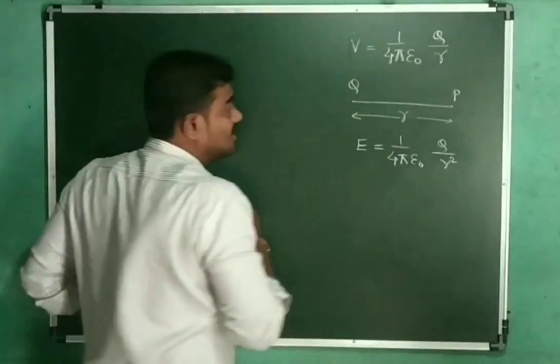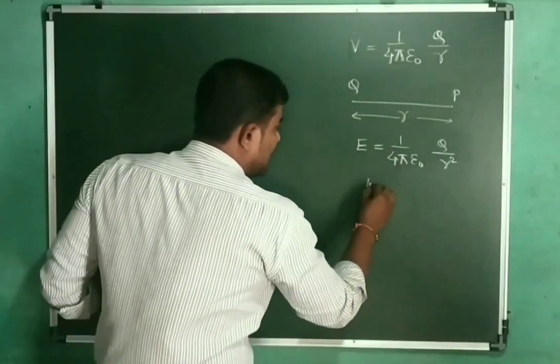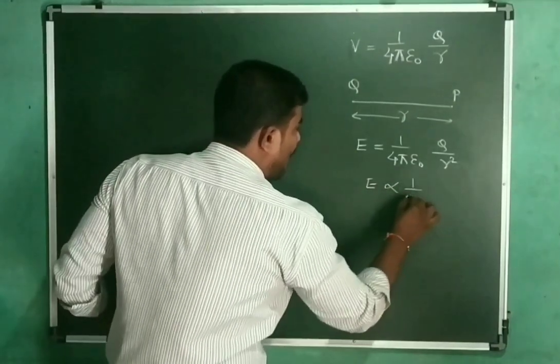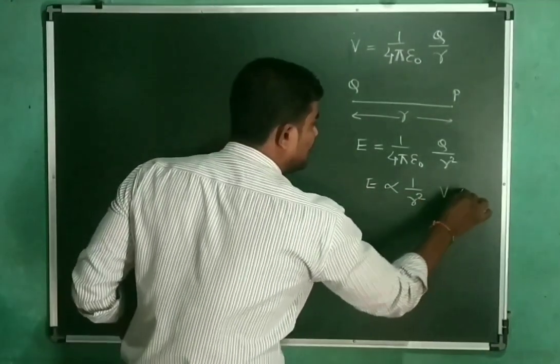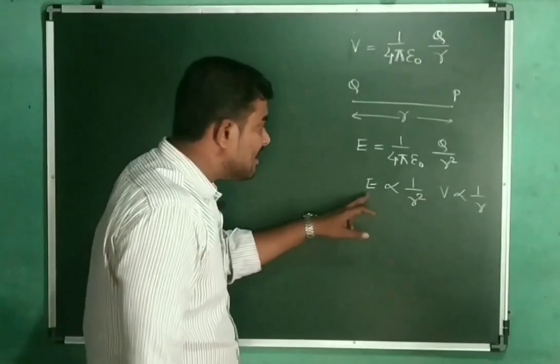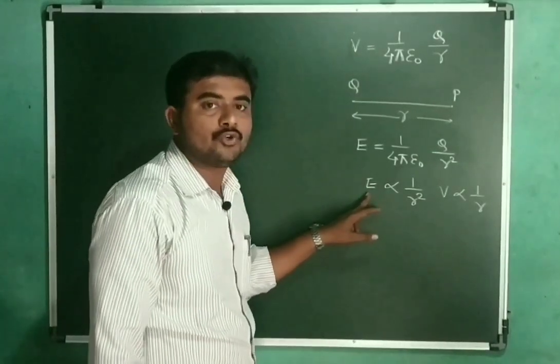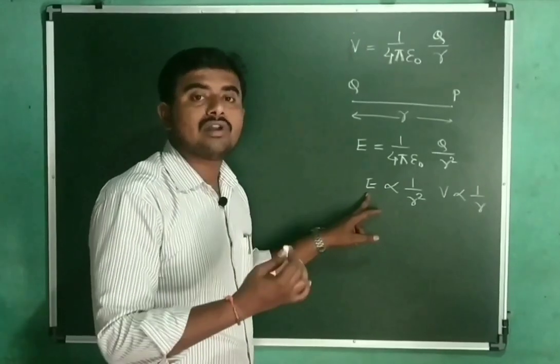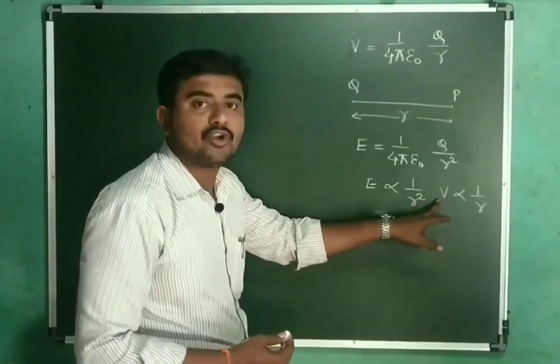E is inversely proportional to square of distance and V is inversely proportional to distance. It means electric field intensity is going to decrease more rapidly than electric potential.